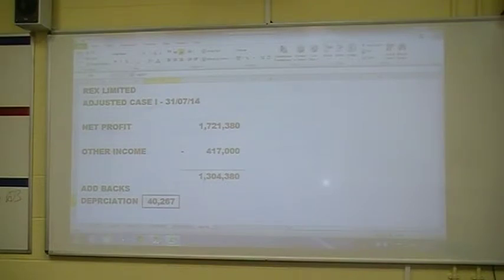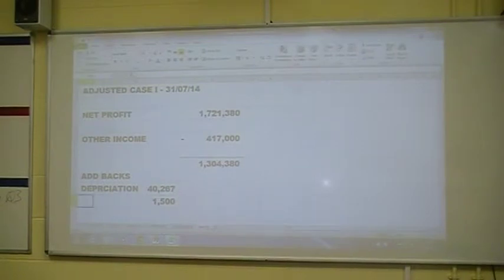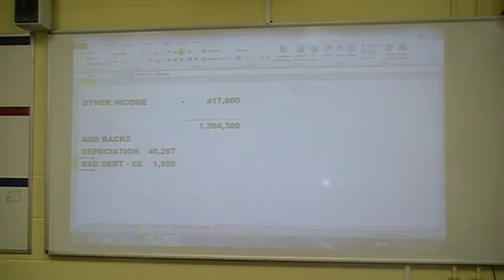We ignore the specific one. We have an opening general reserve of 5,500 and a closing general reserve of 7,000. So it has gone up by 1,500, and we're going to add back that 1,500. Bad debt, general provision: 1,500.